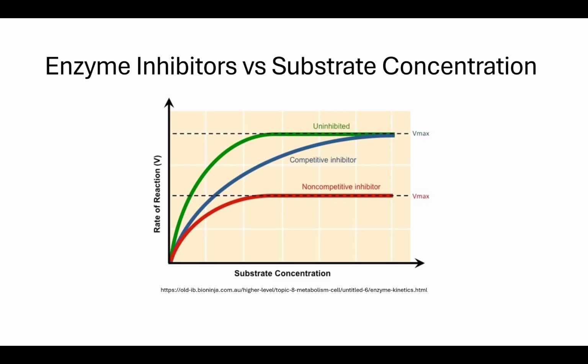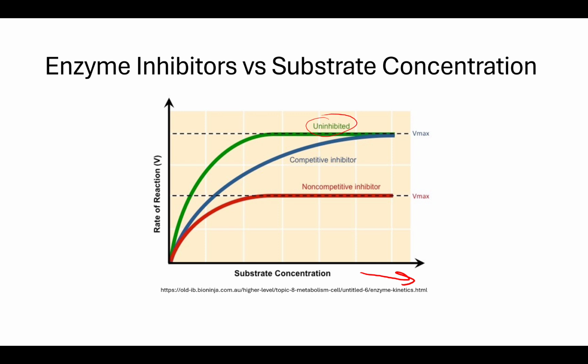So when you're looking at competitive versus non-competitive inhibitors, on this graph, what you see is we have increasing substrate concentration as you move to the right. And then on the y-axis, you have the reaction rate. So the green is your baseline reaction where you have an uninhibited reaction.